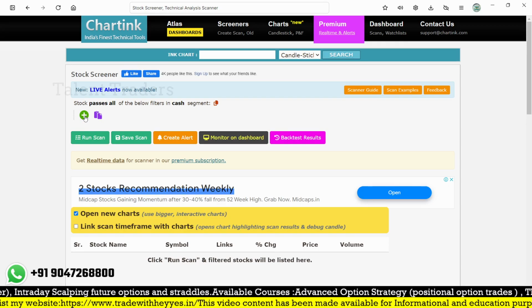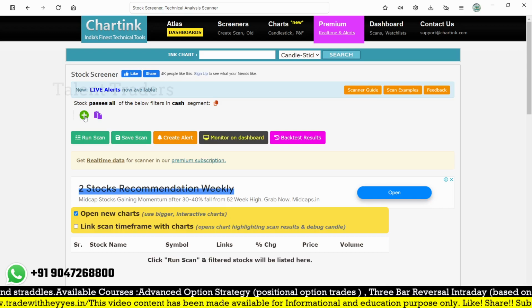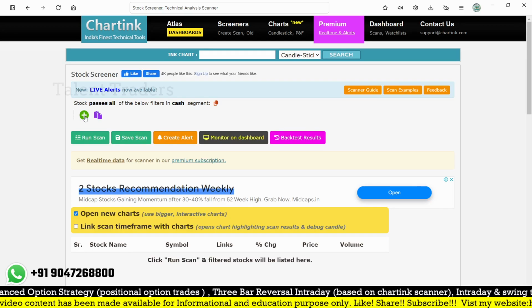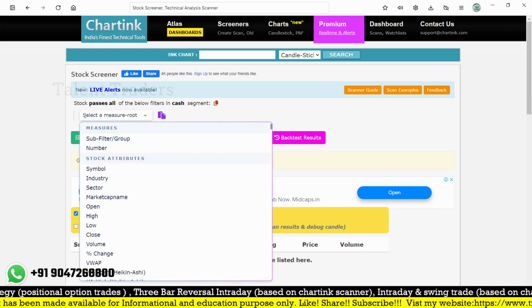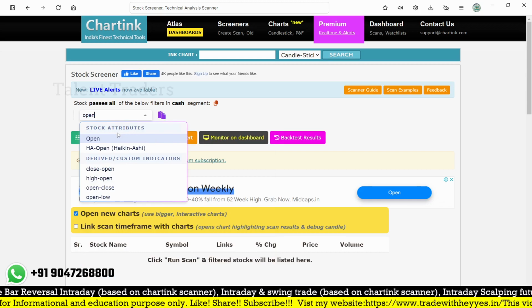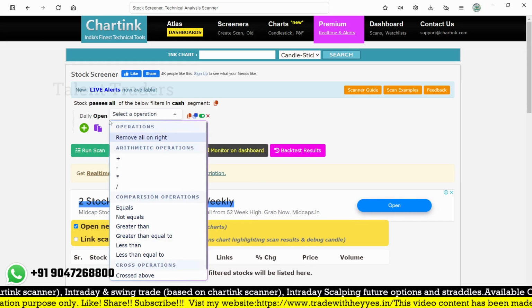For example, how do I find the support or rejection from that level on the daily time frame? I should simply create a scanner. Based on the condition, the open of that particular candle must be daily. I'm just talking about the daily time frame.